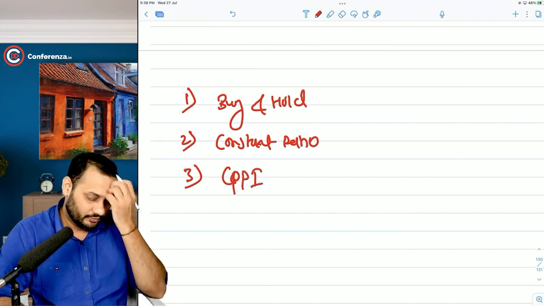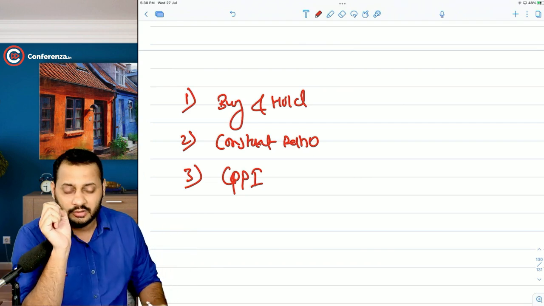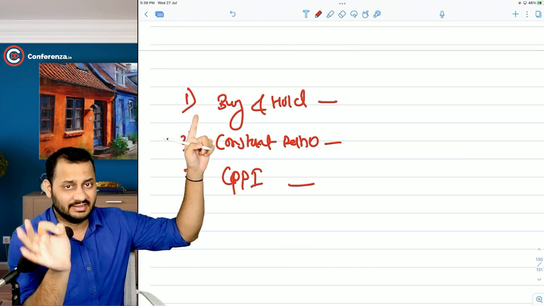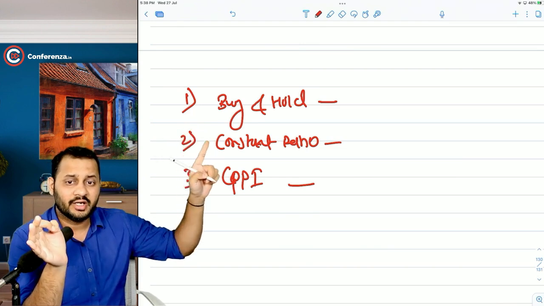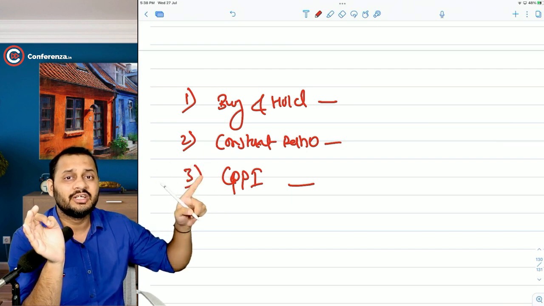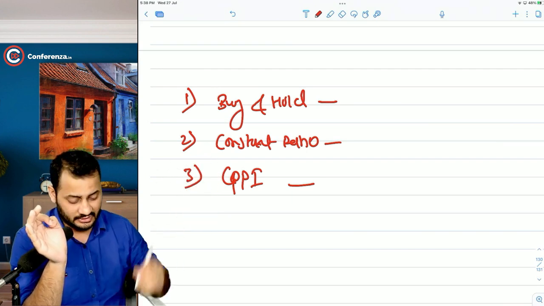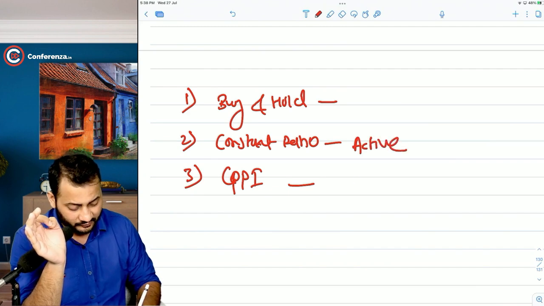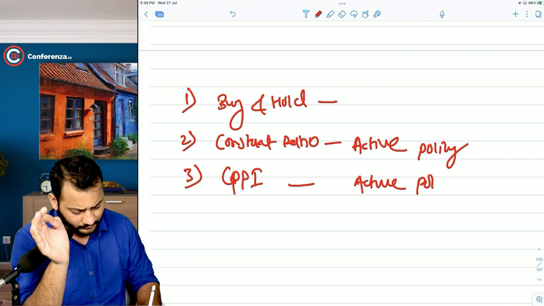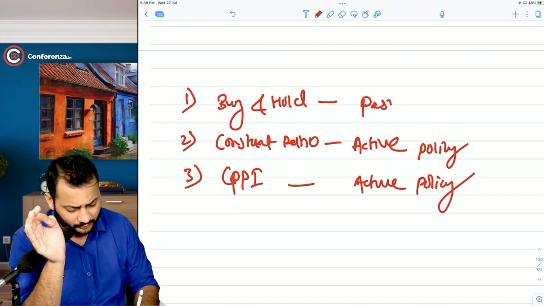Forgive me for the handwriting. You don't have to do anything in this case, but you have to continuously stay active and keep on buying and selling something or the other in these two policies. So that's why this is called active policy and this is called passive policy.